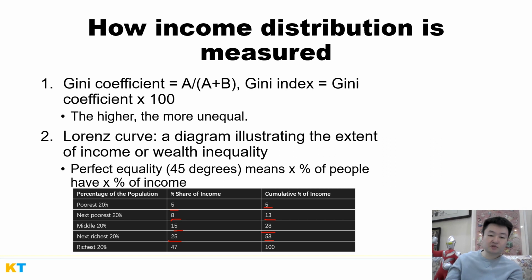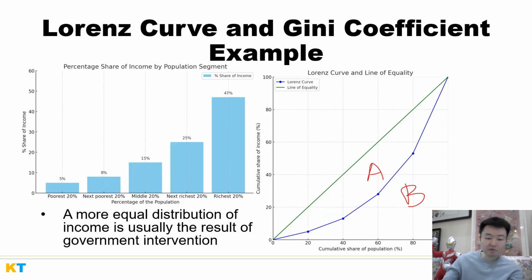And the richest 20% have 47% of the income, and this adds up to 100. And so this country experiences a certain level of income inequality. And so we can graph that relationship, right? So 5%, poorest 20%, and then 8, 15, 25, 47, right?